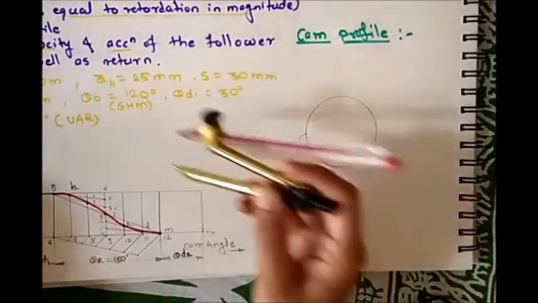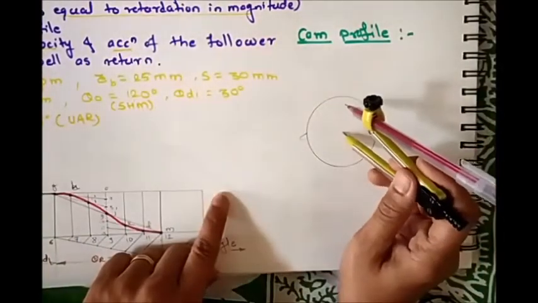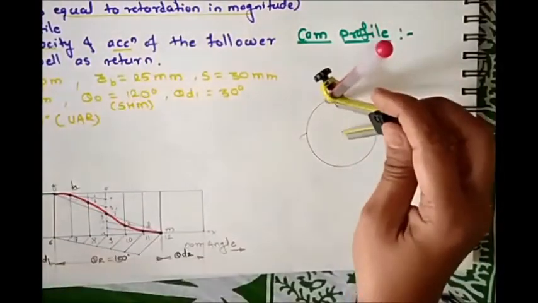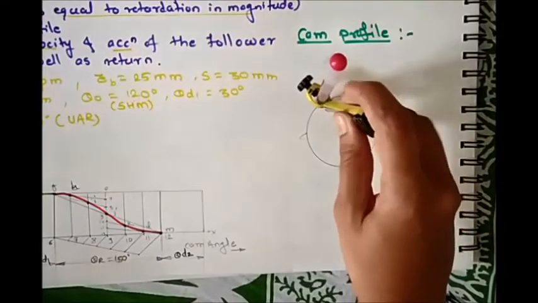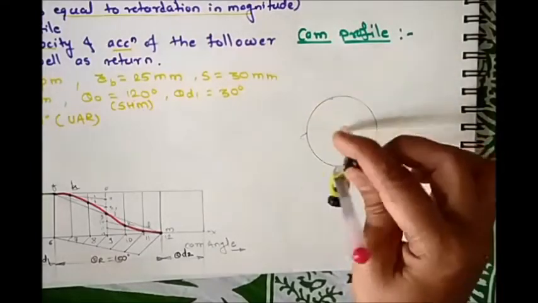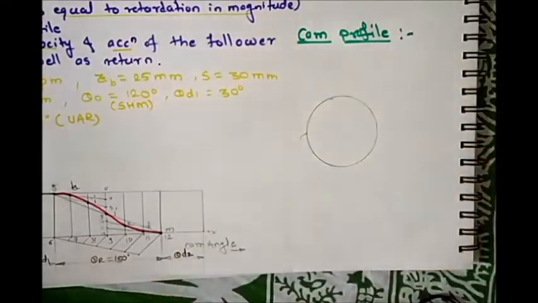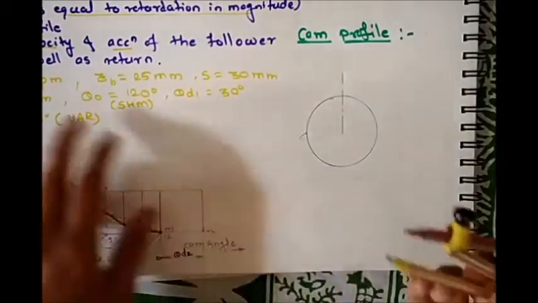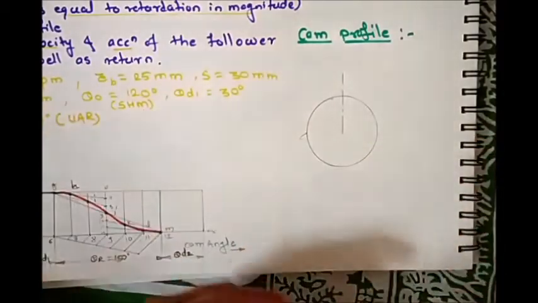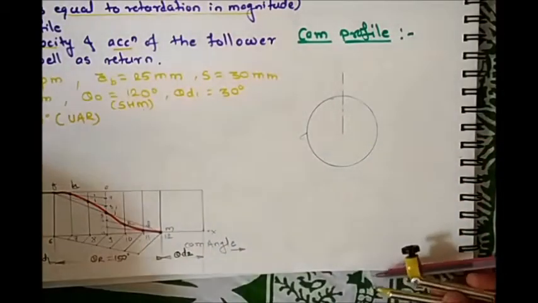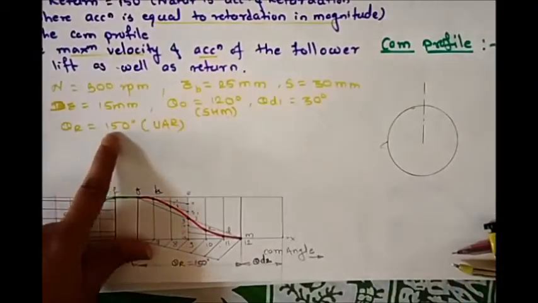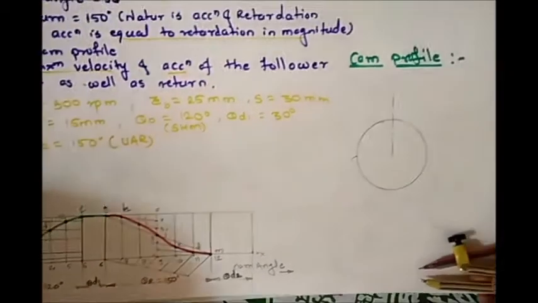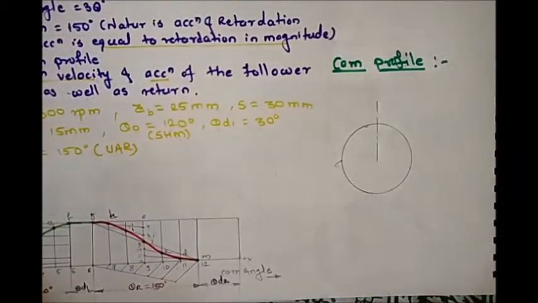For that, take a radius equal to 25 mm, that is the minimum radius of the cam, which is given, or sometimes they mention base circle radius. So here we have the circle of 25 mm. Then there is no offset and a roller follower is given, and for that roller follower we have the diameter of roller equal to 15 mm, meaning the radius is equal to 7.5 mm.